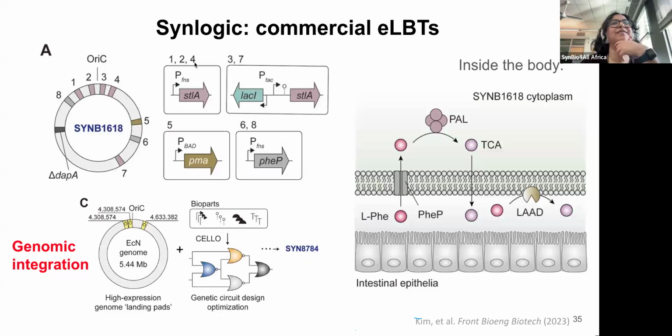So they put like 3 or 4 copies of this STLA gene, which expresses one of those enzymes I was talking about, and then put the other enzyme under a different promoter also in the genome. So the answer to this is genomic integration for SynLogic, and also multiple copies of each of the genes integrated into the genome of E. coli Nissle. So that's what they ended up doing.